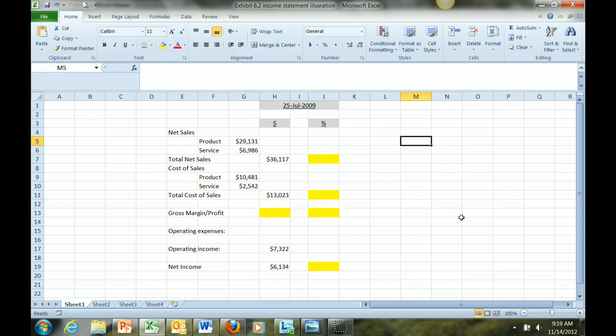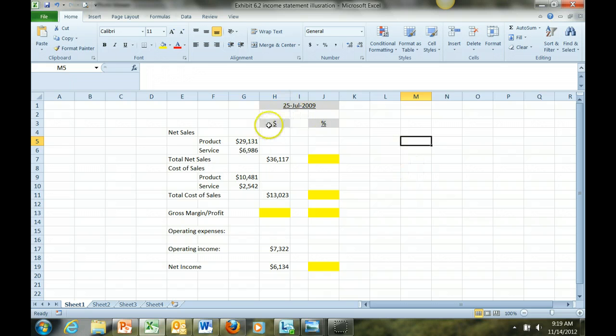Now I've taken the primary figures for 2009, and I've transferred them here into my spreadsheet. So we see the sales for 2009 of $36,117,000. All of these values that we're looking at are transposed from the income statement. So we want to focus on the yellow boxes.